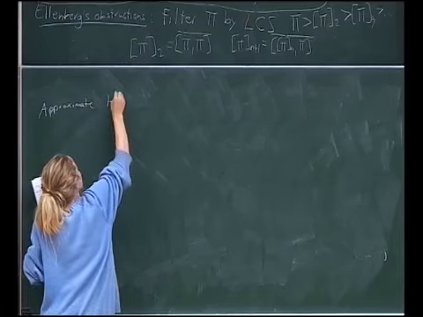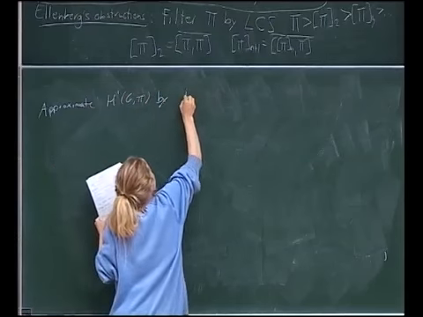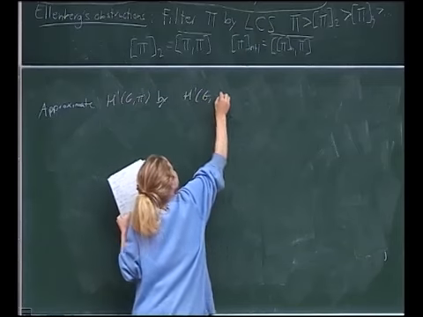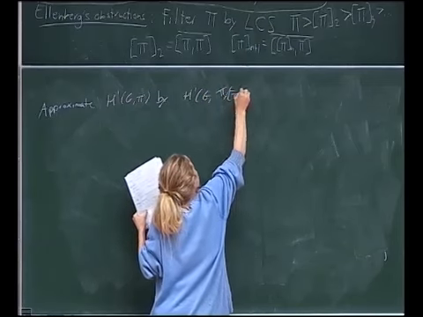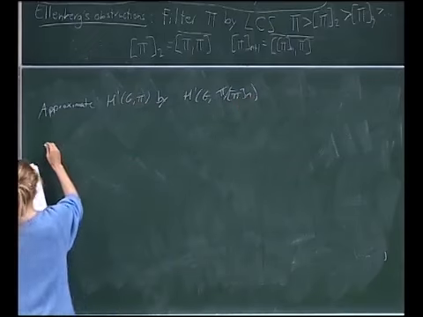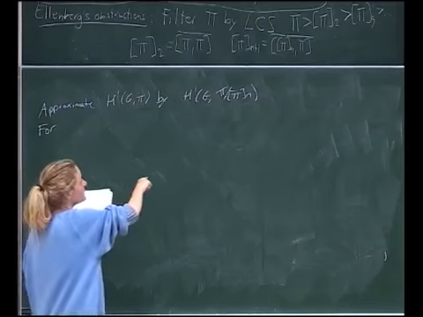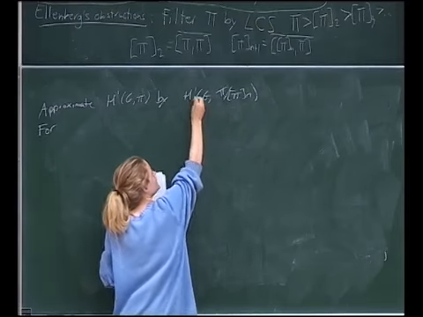By the image of pi over pi n, so we're going to approximate the homotopy sections by H1 of G, pi over pi n.